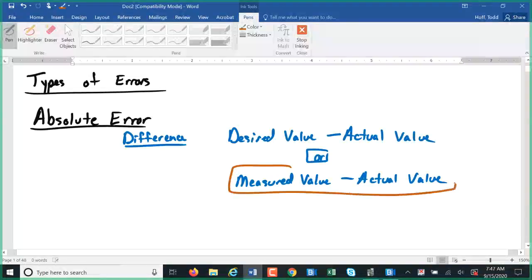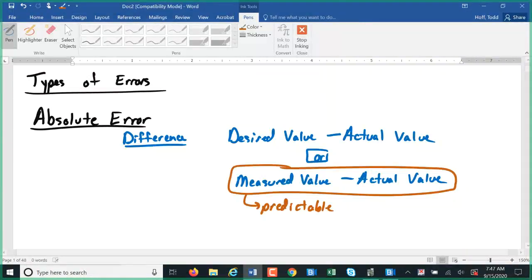This can be predicted with knowledge of the measuring device. We know the degree of precision of the measuring device. We know that built-in error of the measuring device. If we use it correctly, if we take out the human error, we know what the maximum measurement error should be.